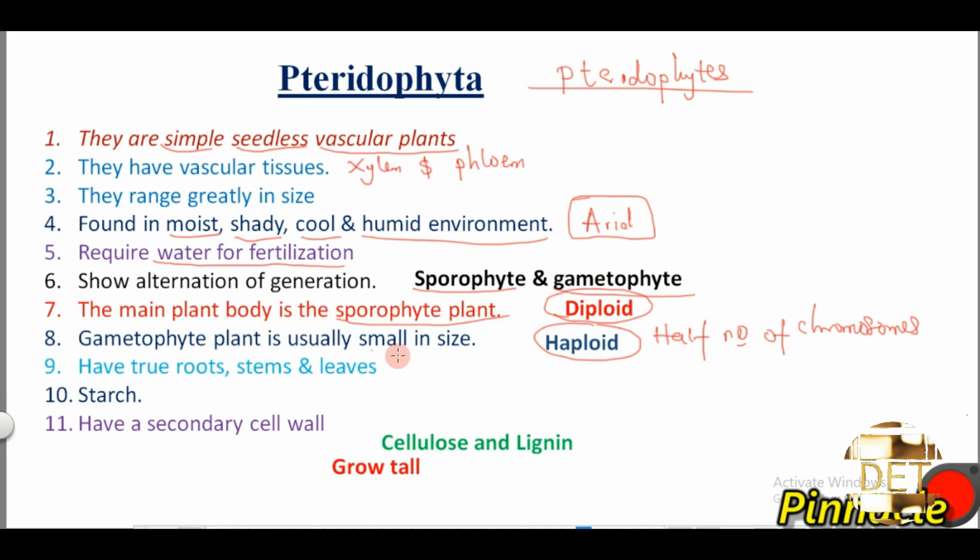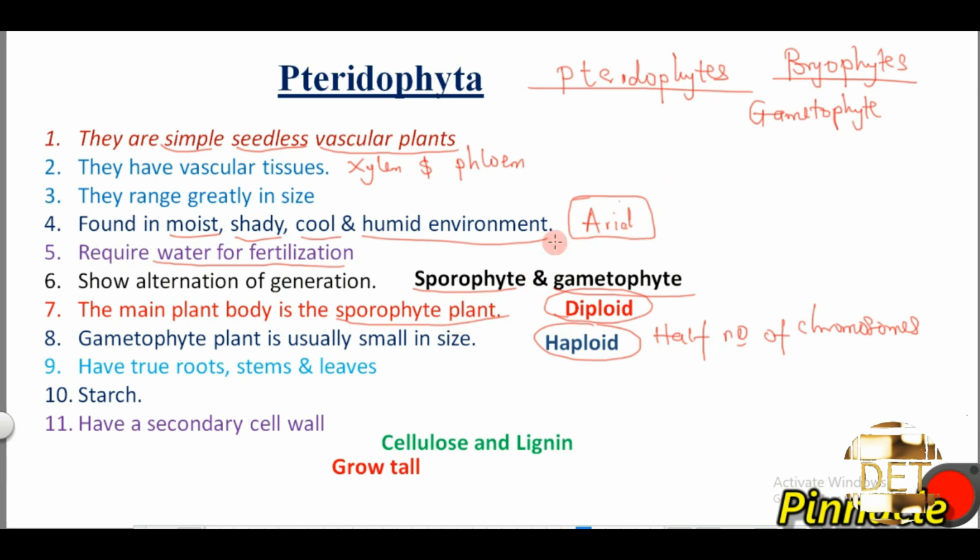The gametophyte plant is usually very small in size, and like I said, it is haploid in nature because it contains half the number of chromosomes. This is somewhat different from the bryophytes. In bryophytes, the main plant body is the gametophyte plant, while in pteridophytes, the main plant body is the sporophyte plant.